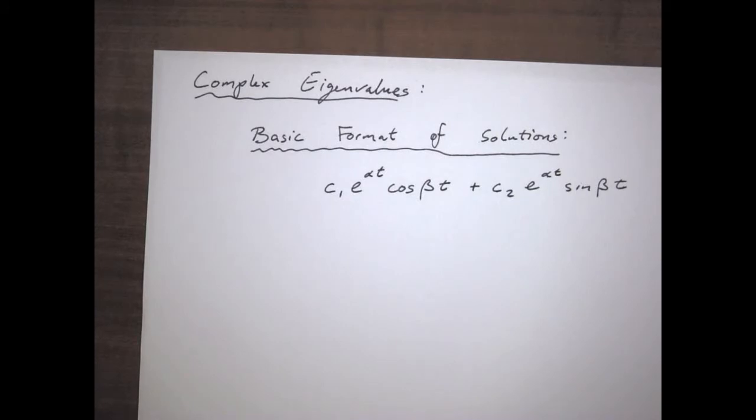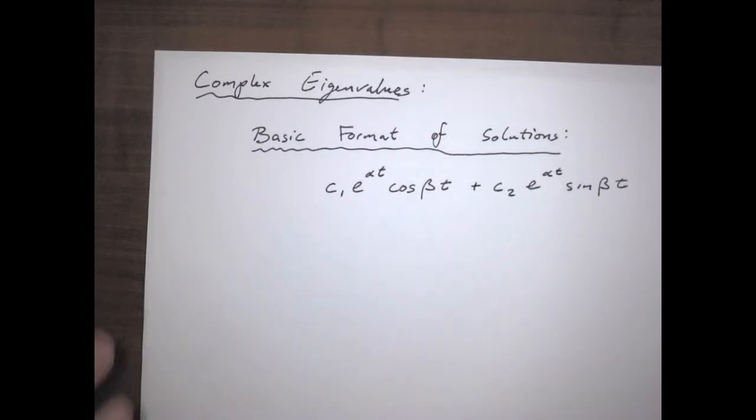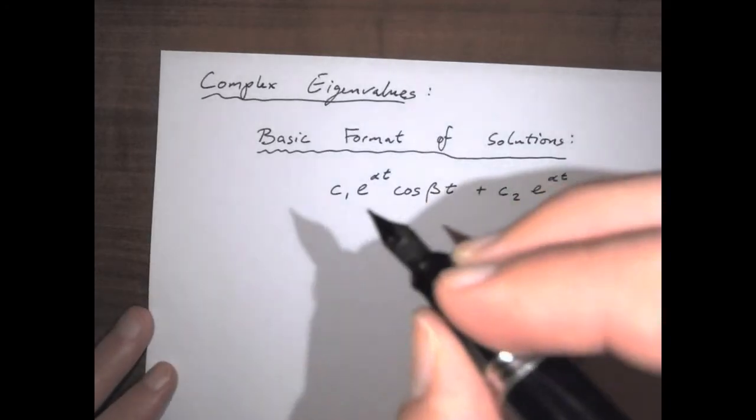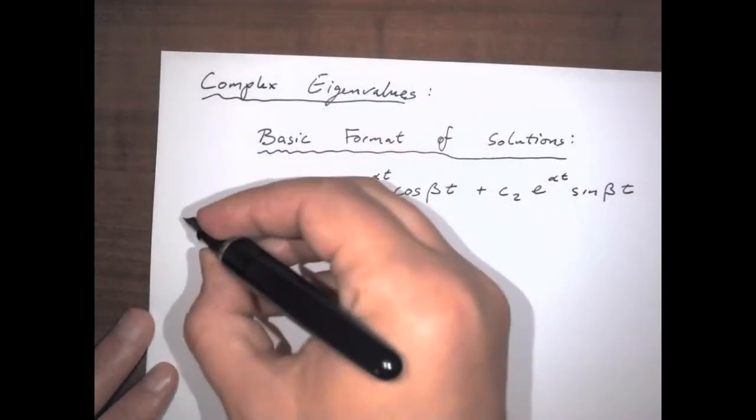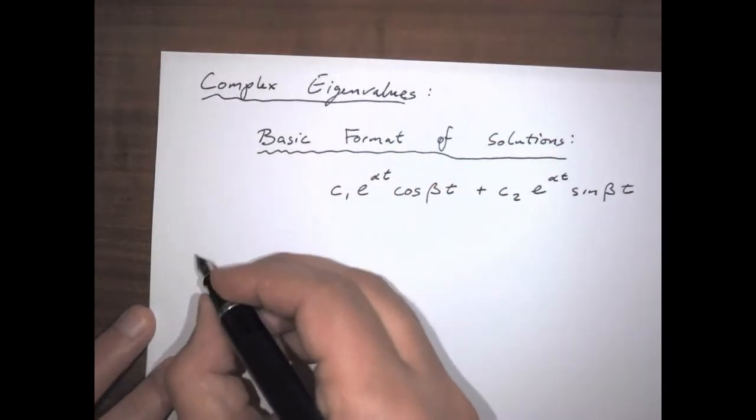Now, what we're going to have to do, though, in order to make this actually work out properly, is it's going to be a little bit of a hassle in that we are going to want to approach it this way.